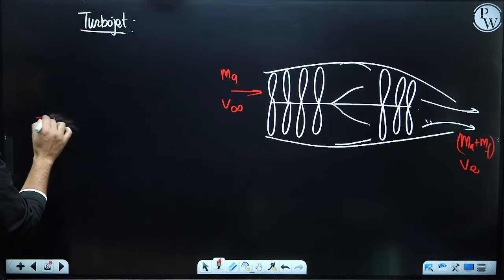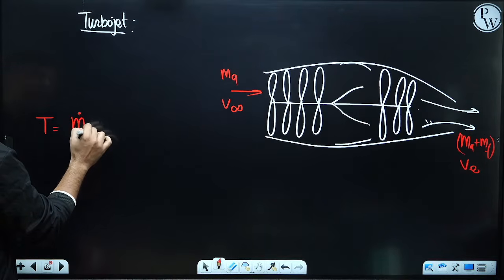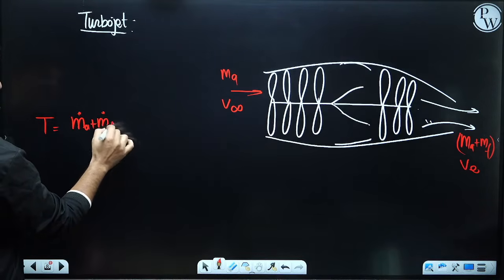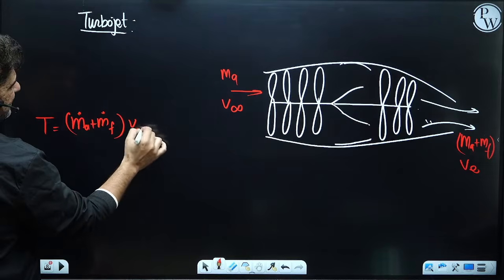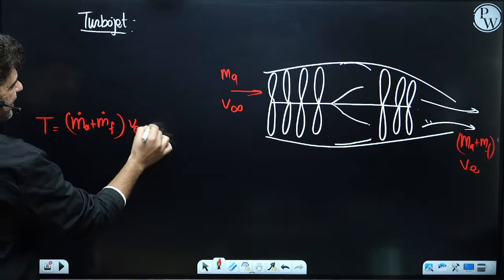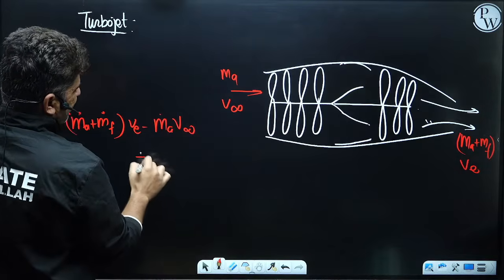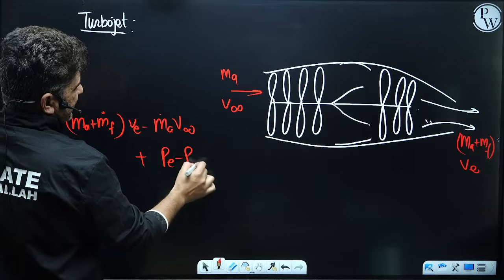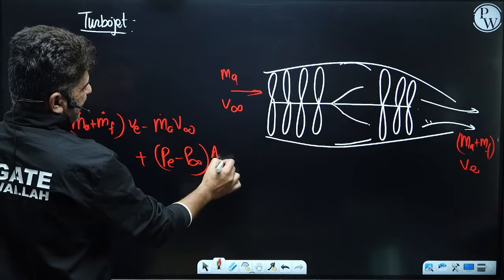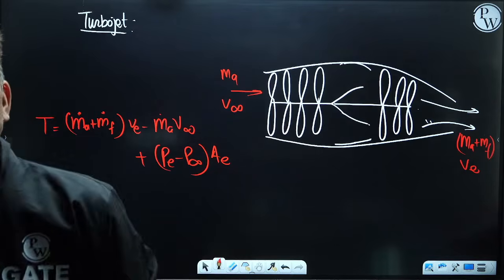So the thrust in this case would be equal to mass flow rate of air plus mass flow rate of fuel multiplied by v exit, minus mass flow rate of air multiplied by v infinity, plus p exit minus p infinity into area exit.